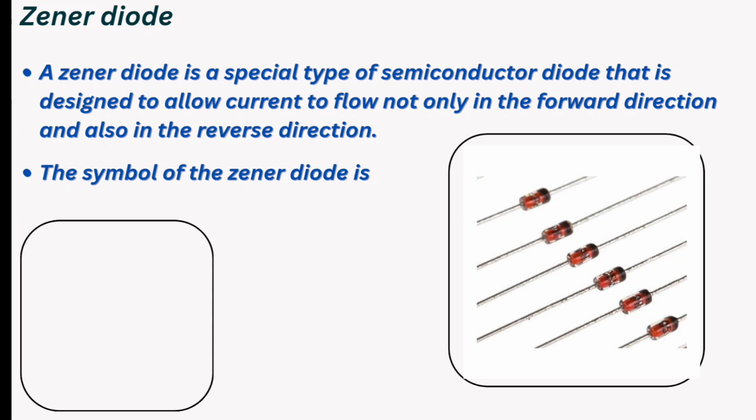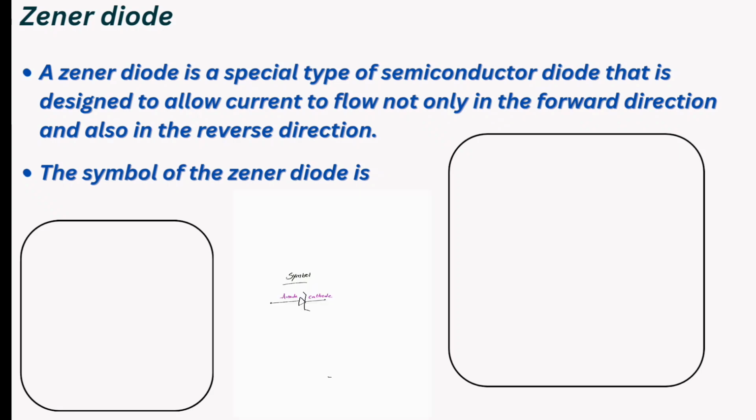So zener diode is a special type of semiconductor diode that is designed to allow current flow under the reverse bias condition also. Means in the normal PN junction diode under the reverse bias, it can't work. If we operate a diode under reverse bias, after breakdown the diode gets completely damaged.